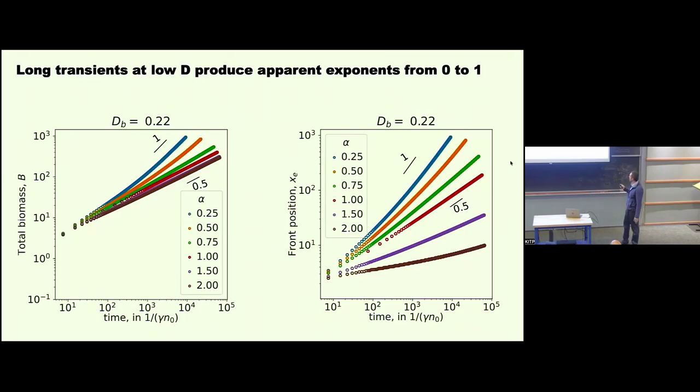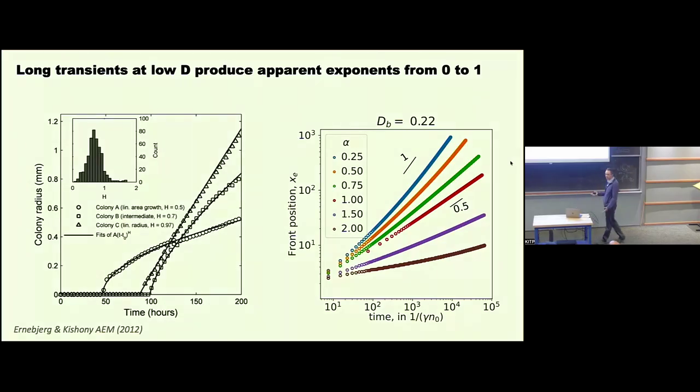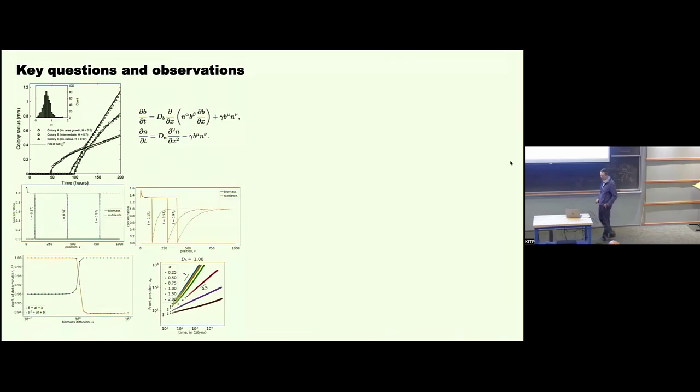And these limiting cases where you're supposed to get exponent 1 on a short time scale, short meaning up to 10 to the 5, they look like a power law. And so perhaps, not asymptotically, but on a practical level, this model could be consistent with the observations by Kishony of a variety of power laws between 0 and 1. I'm not sure about things that are bigger than 1.